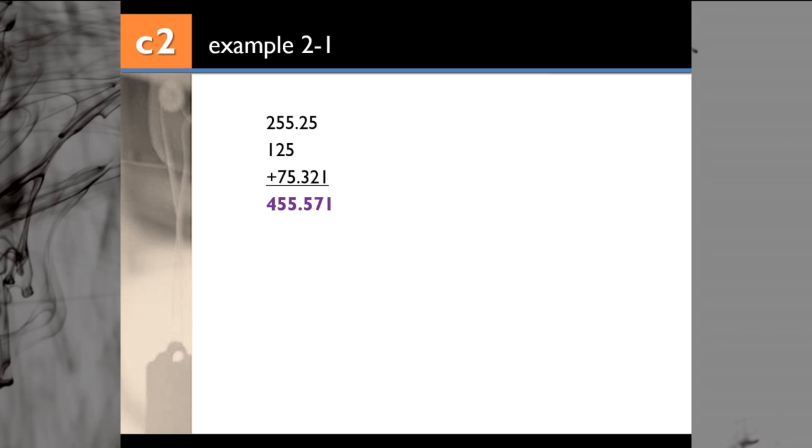So you have 3 different numbers here. One number has 2 decimal places, the second number doesn't have decimal places, and the third number has 3 decimal places. So the first number is 255.25, the second number is 125, and the third number is 75.321.